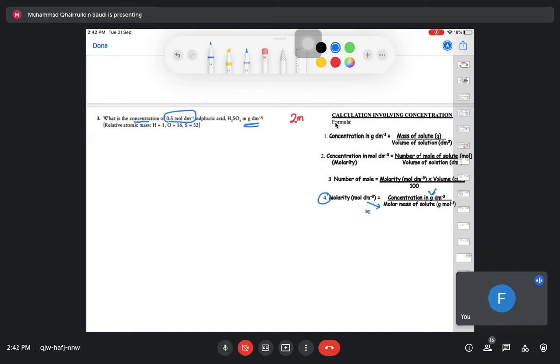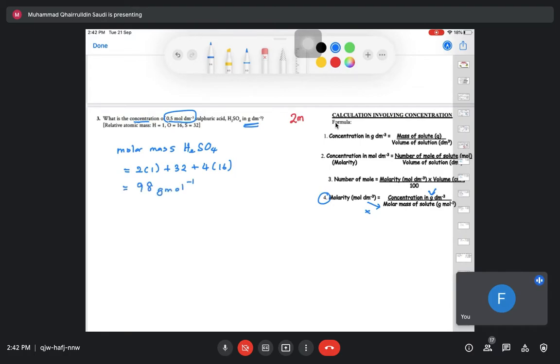So molarity times molar mass. So if the formula has molar mass, if you don't want to be confused next time, find the molar mass first. So molar mass for sulfuric acid is 2 times 1 plus 32 plus 4 times 16. It will be 98 gram per mole.